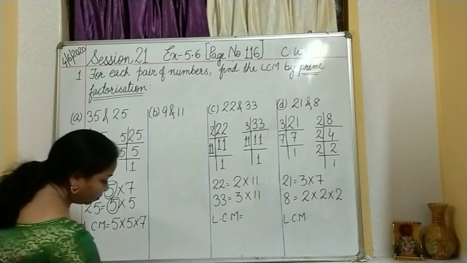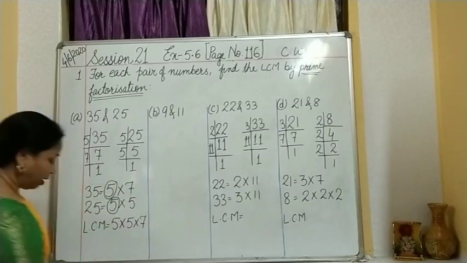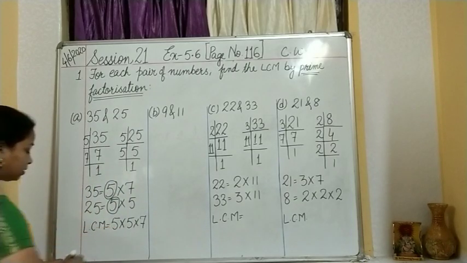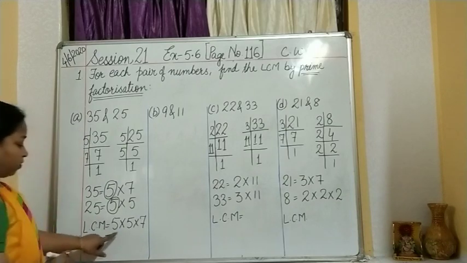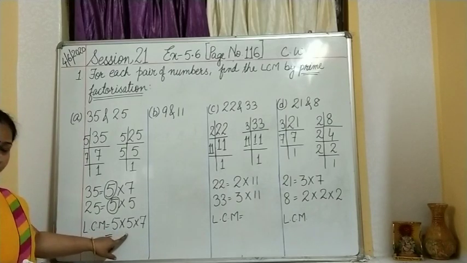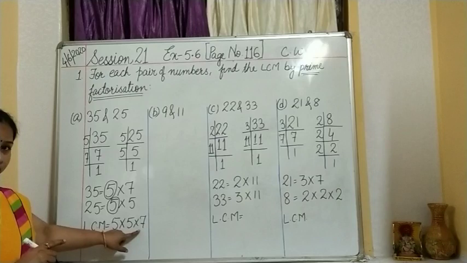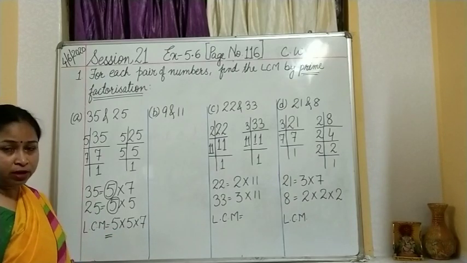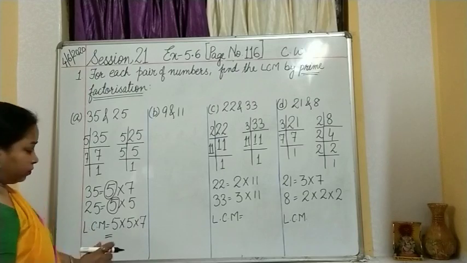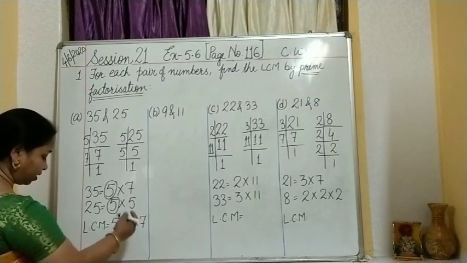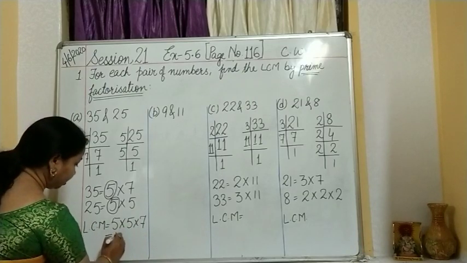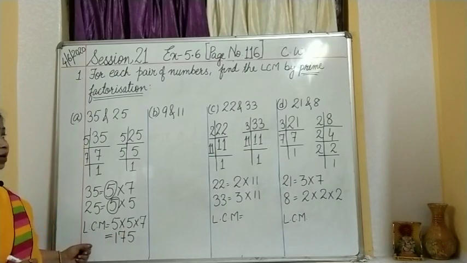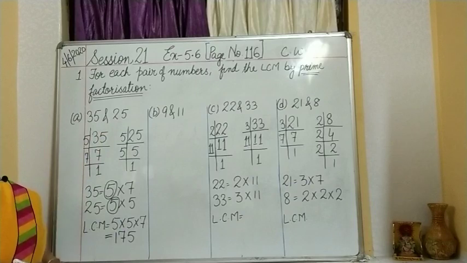Now you have the LCM as 5 multiplied by 5 multiplied by 7. 5 5s are 25, then multiply 25 by 7. You can make a rough column and show the multiplication. 5 5s are 25, 25 7s are 175. 175 is the LCM for 35 and 25.